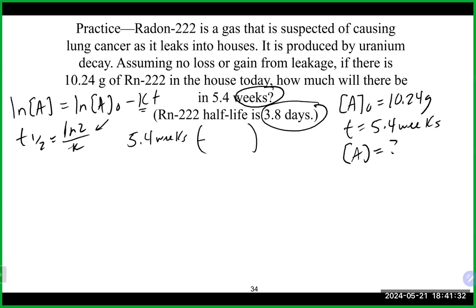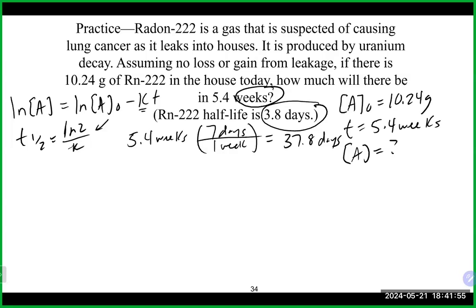In 1 week there are 7 days, so that gives me 5.4 times 7, which is 37.8 days. You could obviously convert the half-life into weeks if you want to go that route as well.